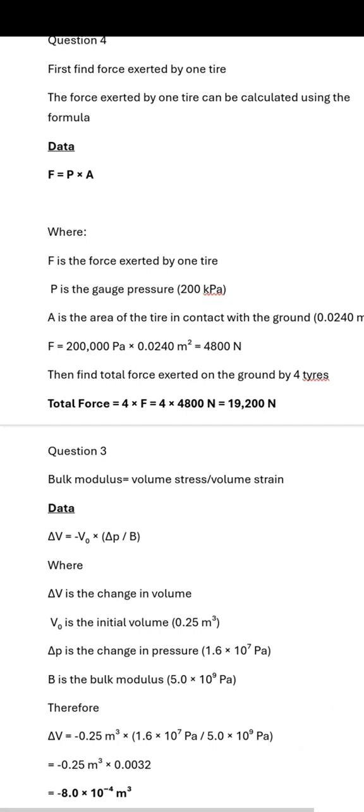We were told that the initial volume is 0.25, multiplied by the change in pressure we were given, which was 1.6 times 10 to the power, and the bulk modulus we were given as 5.0 times 10 to the power 9. Then on dividing we get negative 8 times 10 to the power negative 24 meter cubed. Simple.